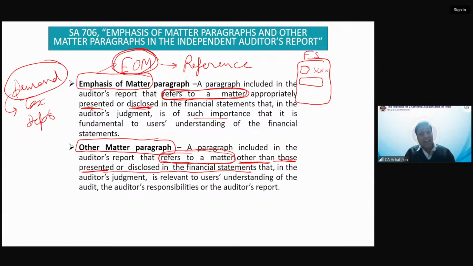Okay, but at the same time, they are quite important for the users. Now, a question may arise: what could be such type of matter? So let's try to take some examples for this.